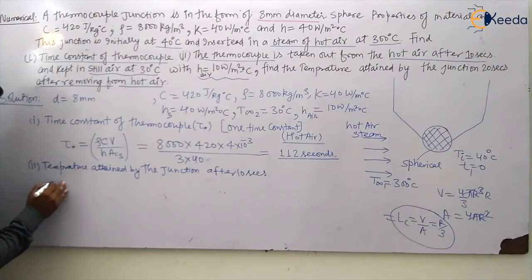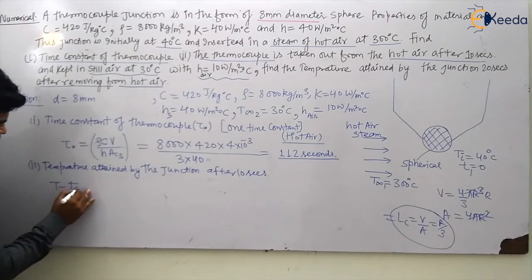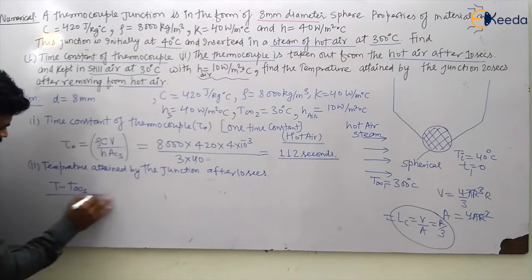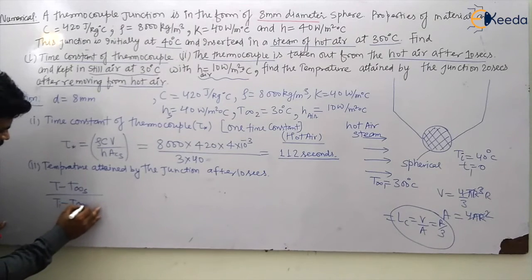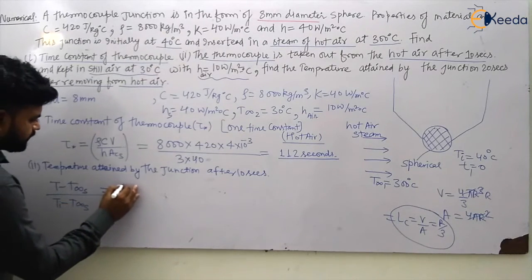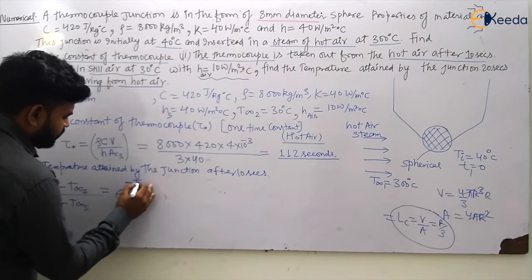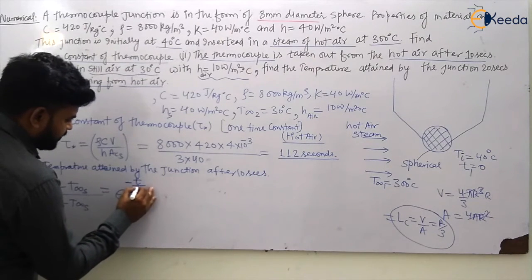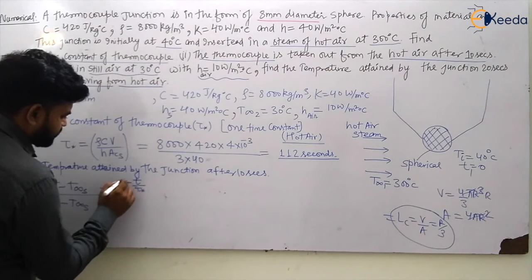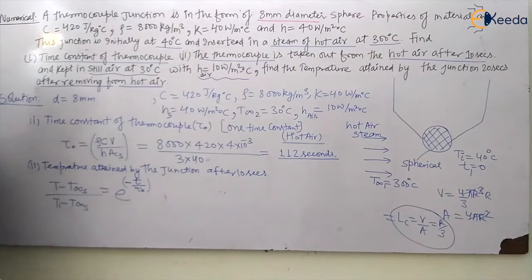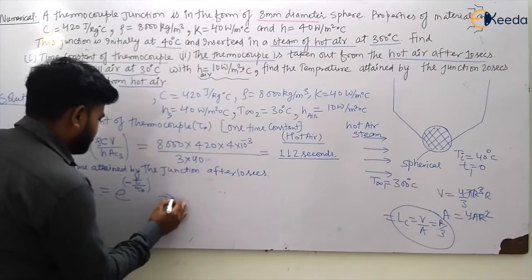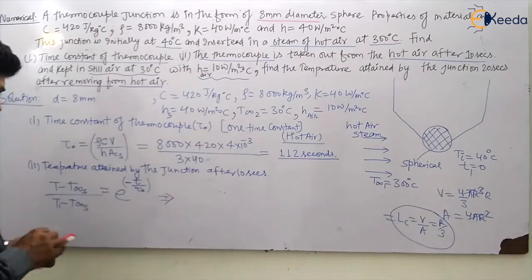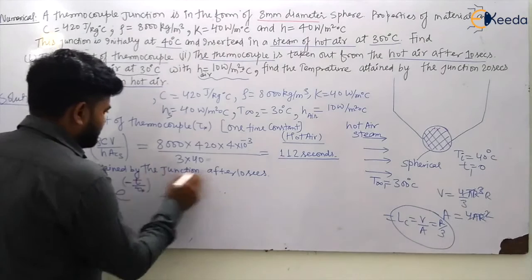We know the equation for this. (T minus T infinite), where T infinite is the steam temperature, divided by (T initial minus T infinite), is equal to e to the power minus of tau, the time available, divided by the time constant. So we have to calculate the temperature attained by the junction after 10 seconds.